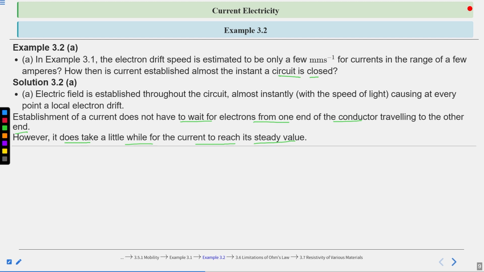So current will establish but become steady after a little while. It will not be steady at that moment, but it will take very little time to get a steady value. At the instant we close the circuit, current is established but not at a steady value. It will increase to a certain limit, say from 0 to 5 ampere, going 0, 1, 2, 3, 4, 5, but in a very short time.